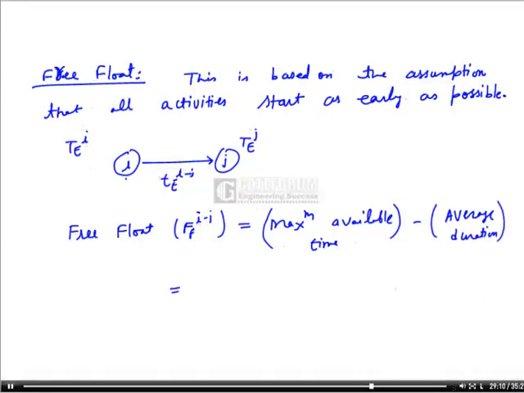Since we have assumed all activities start as early as possible, the maximum available time will be T of J minus T of I, and minus average duration, this will be T of I to J. So this will be free float.